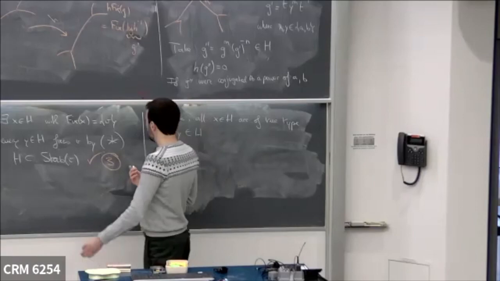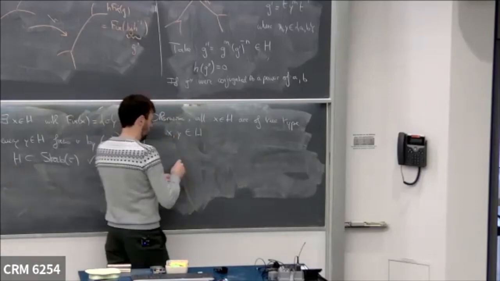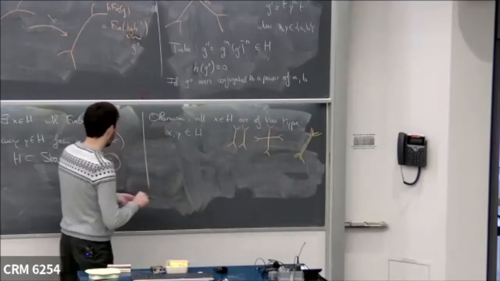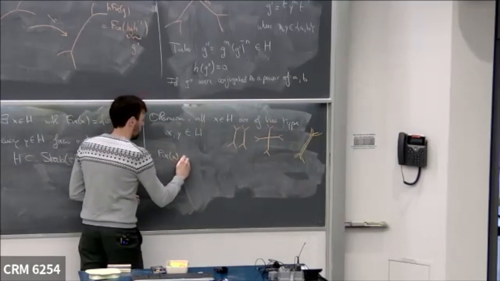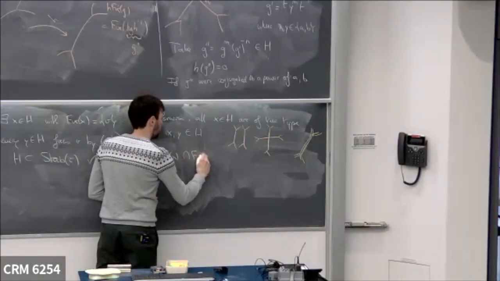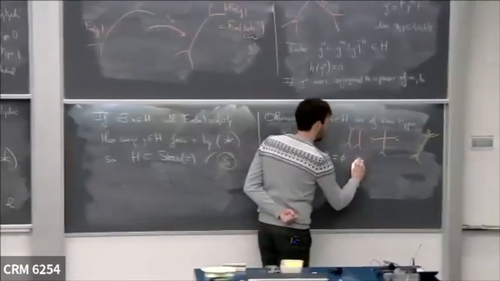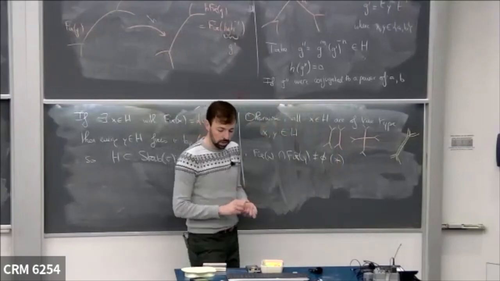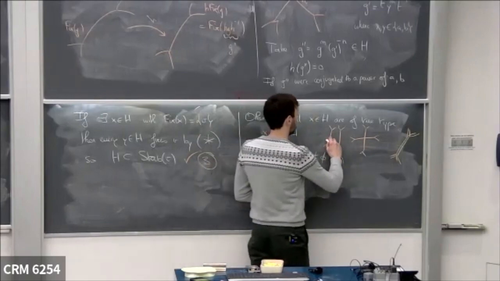Two of these three cannot happen. Fix of x and fix of y cannot be disjoint; that's just condition star, because we cannot contain loxodromics, so this is ruled out.